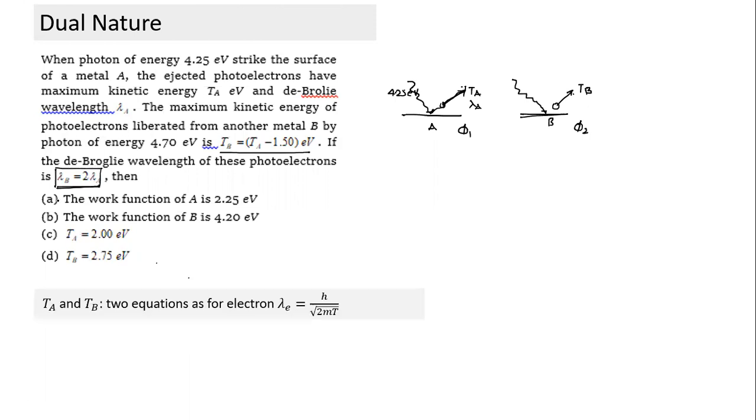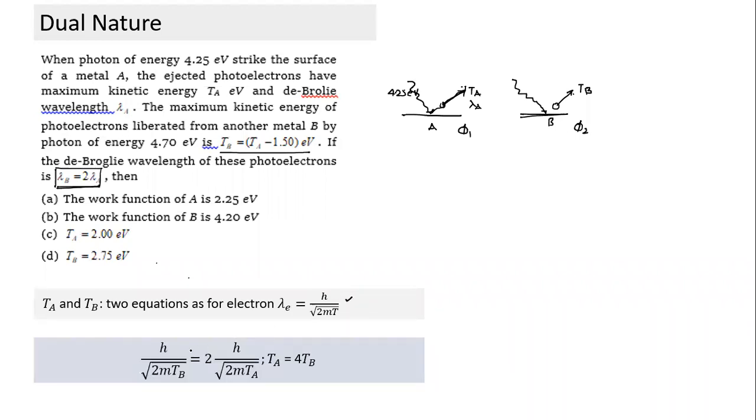We know that lambda is h by root 2m T. So lambda B will be equal to h by root 2m TB, which is 2 lambda A. I substitute the value of lambda A also for the electron. So I get from here a relationship: TA is equal to 4 TB.